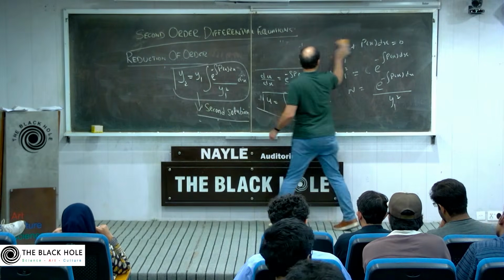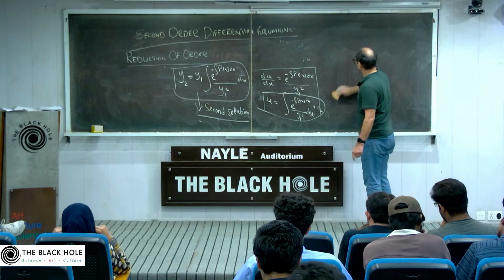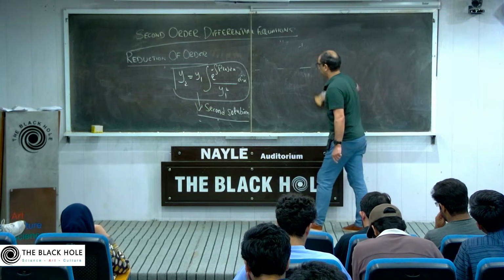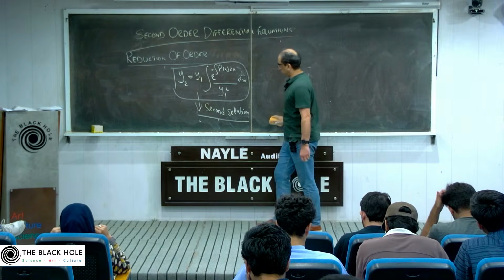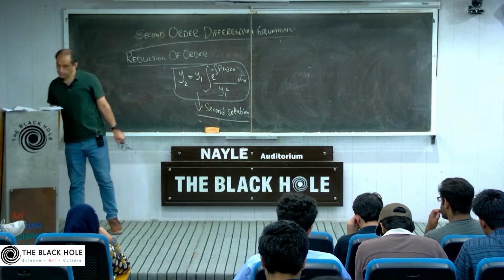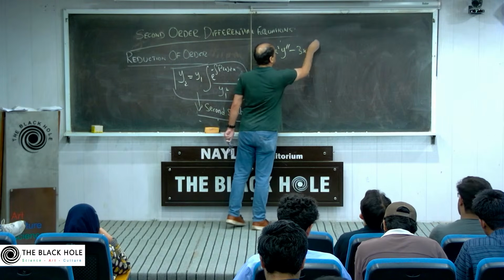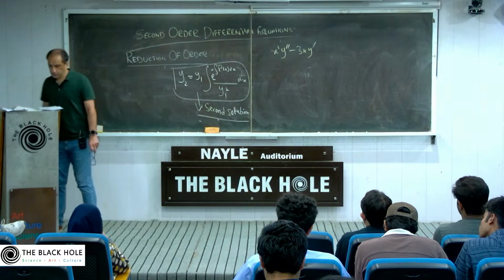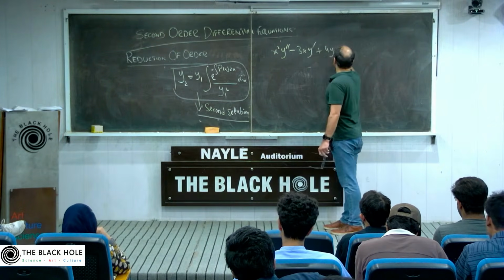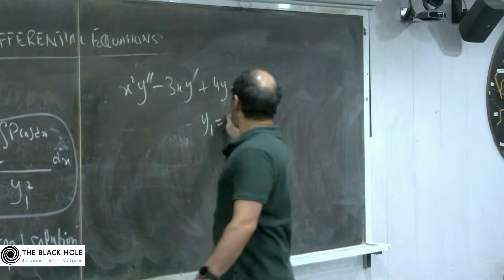So I'm going to rub this off. So let's say you have a differential equation, x square y double dash minus 3x y dash plus 4y is equal to 0, and I say that y1 is equal to x square is one solution of this differential equation.